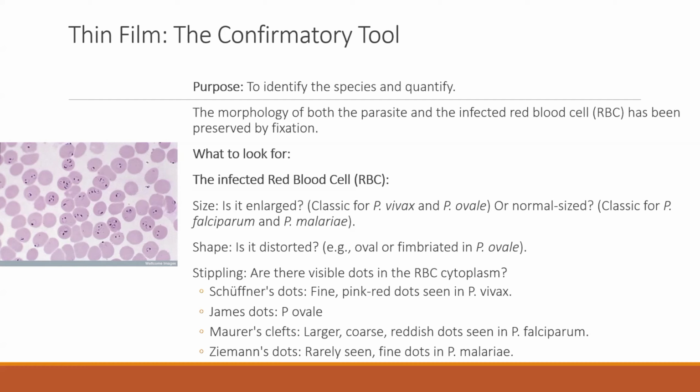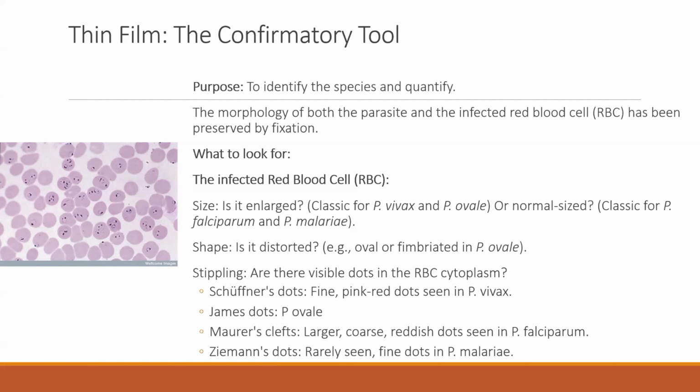Remember, in the thick film, the morphology is not well preserved because the thick film is not fixed. But here, we can very clearly see a well-preserved RBC and a well-preserved parasitic form. So a thin film provides a good identification tool of the species and also good for quantification.